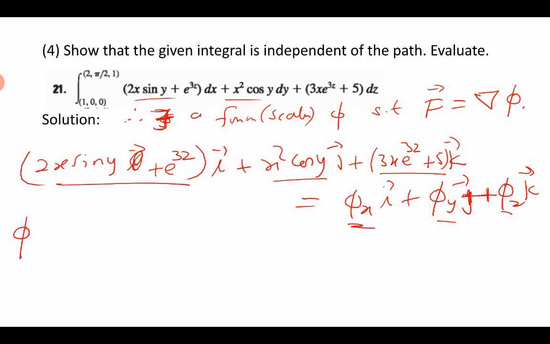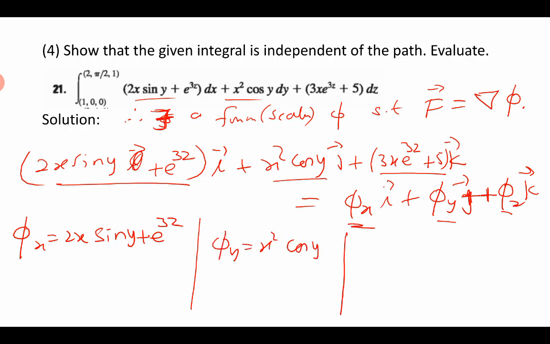Therefore, what is phi x? Phi x is 2x sin y plus e raised to 3z. What is phi y? x square cosine y.